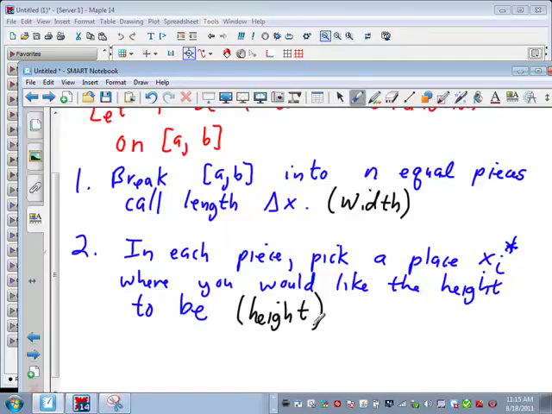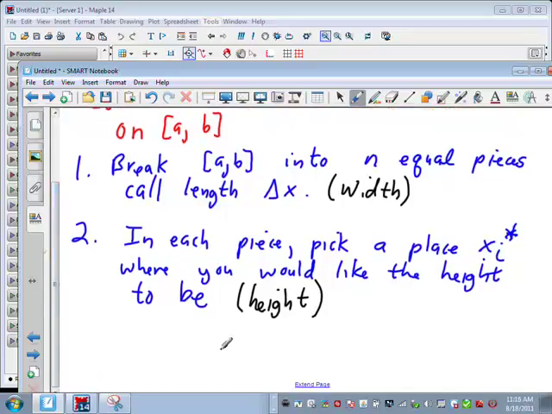I'm going to have to talk about summation notation in a second. Is that okay? Now what? We have the width and the height. What do we do now with those two things? We multiply them, right?